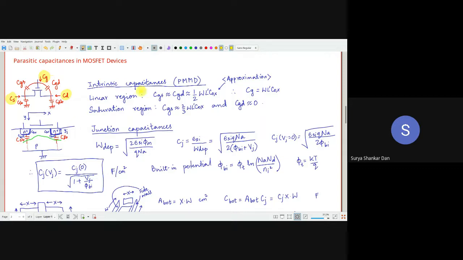Please understand that the yellow ones I have drawn here, CS, CG and CD, are what make the difference. Of course, CB is there, but I am not considering CB because body and source are shorted. Are you getting me, everyone? As a circuit designer, we will be concerned about the net effective capacitance seen at the terminal nodes, not what is going on inside.